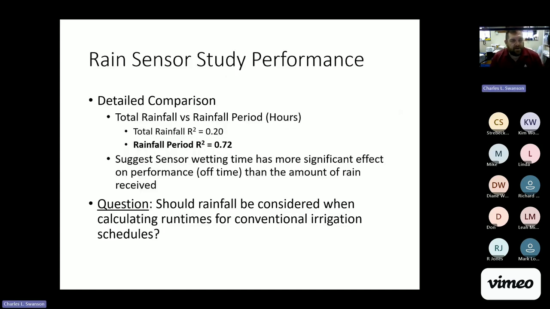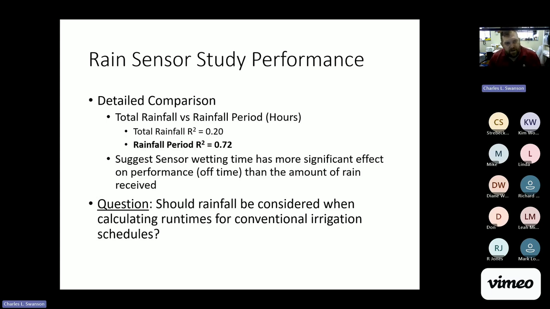So in our earlier analysis, we found that the length of the rainfall event is really what had the greatest impact on how long the sensor triggered for and how long it kept the controller from turning on irrigation again.